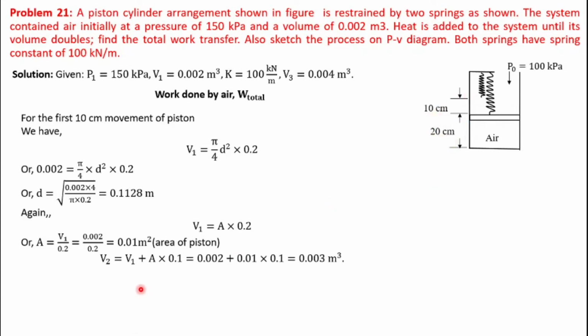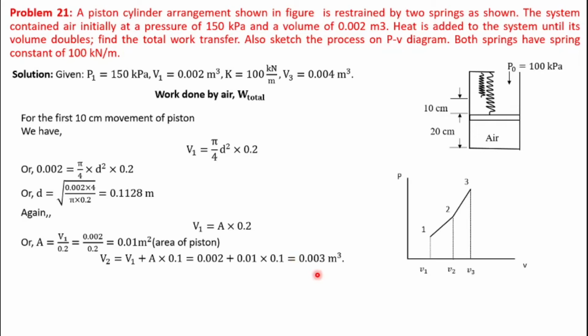So the volume will be the initial volume plus area into this height. We can directly calculate area into total height also. So at state 2, when the piston reaches 10 centimeter more, the volume will be this much.